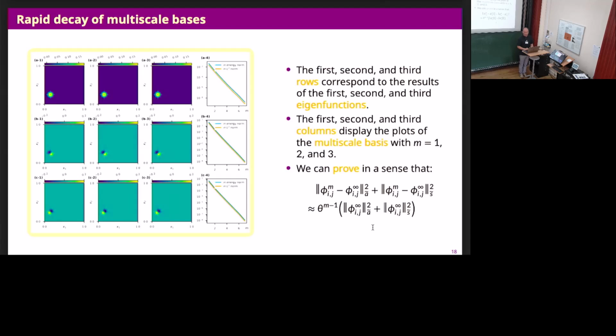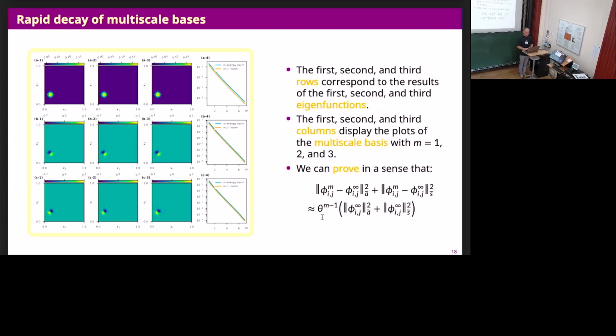We also have some theoretical result, which I will come back to later. It basically shows that if you compare the multiscale basis defined on the oversample region with size m with the basis function that you solve within the whole domain, then the difference is bounded by this quantity.